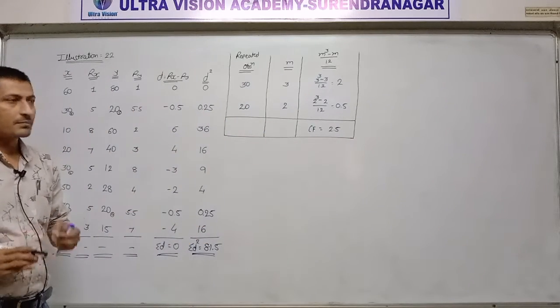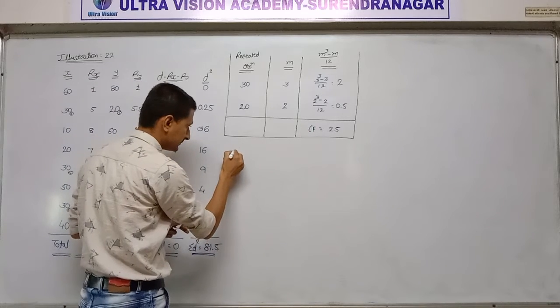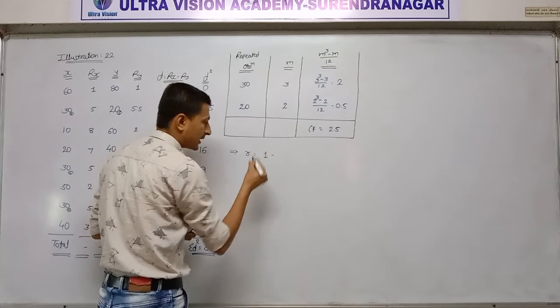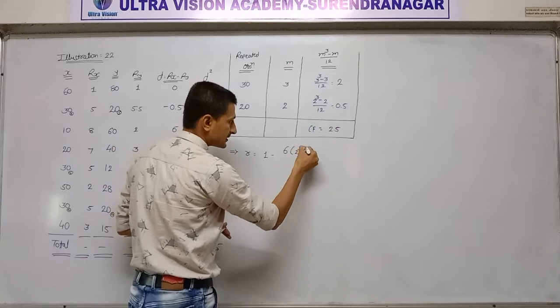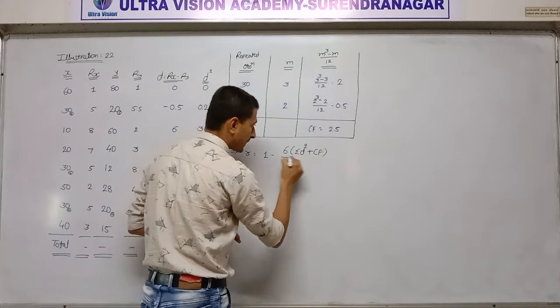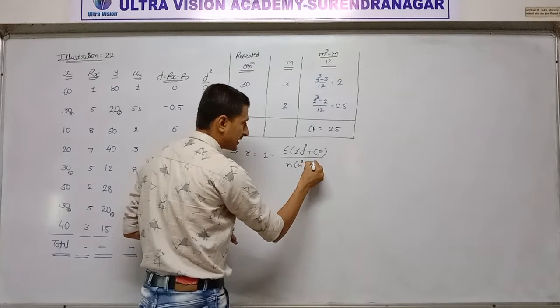Now next, write the formula. R is equal to 1 minus 6 in bracket sigma d square plus CF divided by n in bracket n square minus 1.